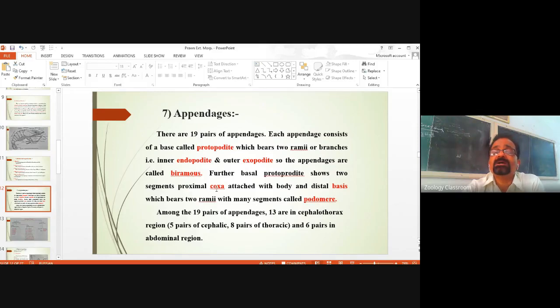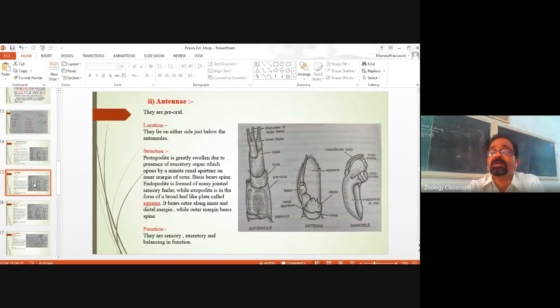See, coxa is anterior and distal is the basis which bears two rami. This is the coxa and this is the basis which bears two rami. One is the endopodite and another one is the exopodite. So the appendage antenna is biramous.